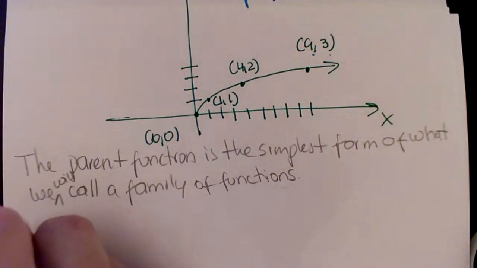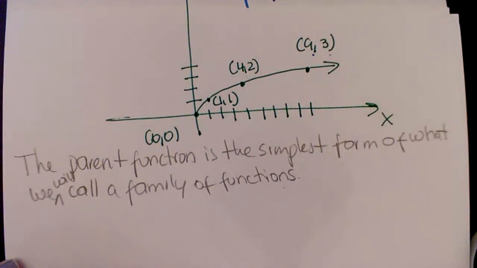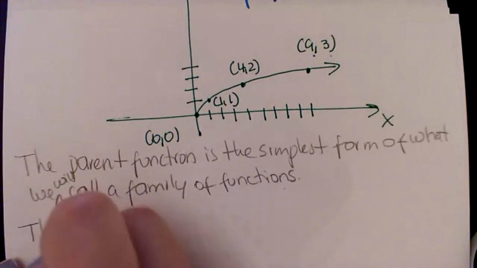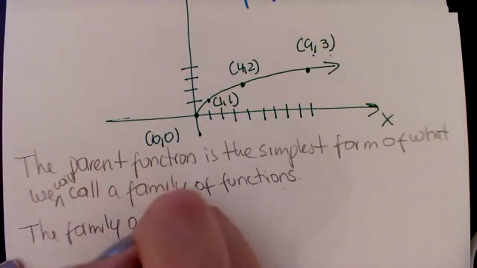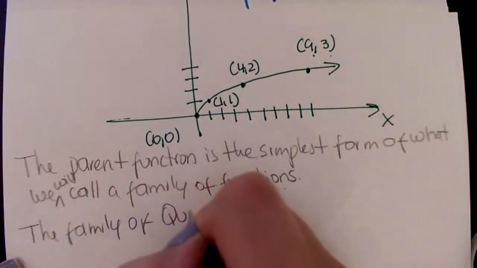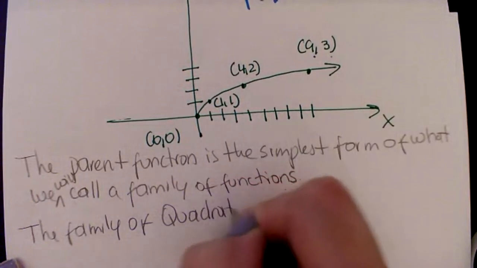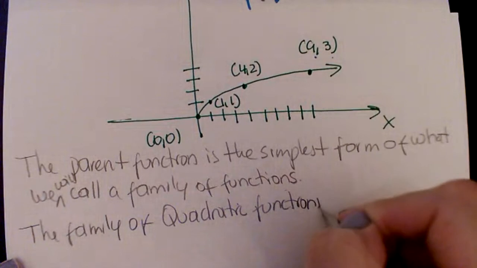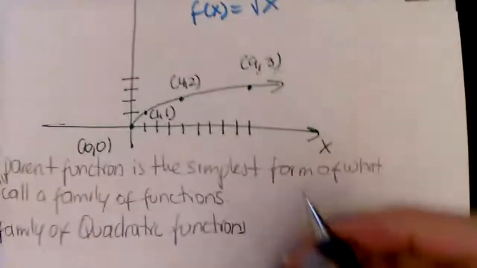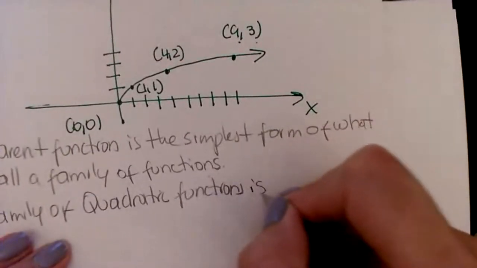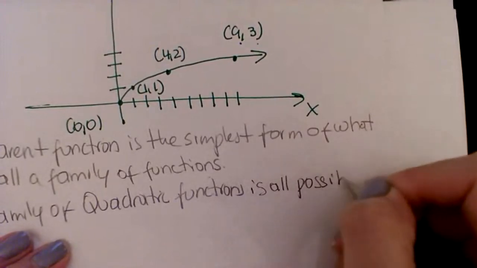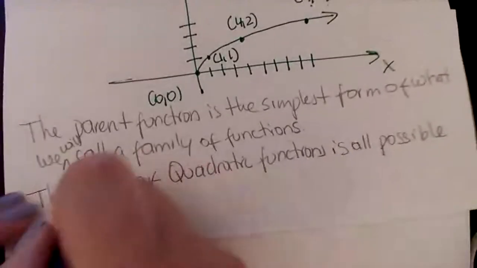It says that the family of quadratic functions is all possible quadratic functions.